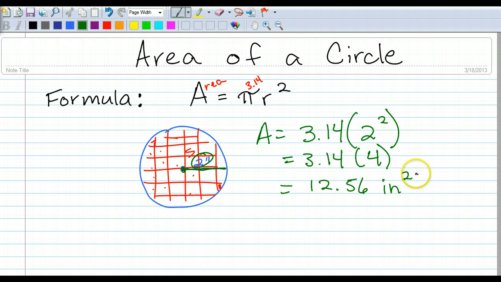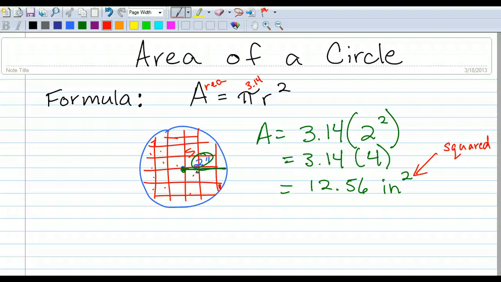This 2 stands for squared. All right, this 2 here, we say that's squared. And really, literally, it stands for squares. 12.56 inches squared is the area of that circle.